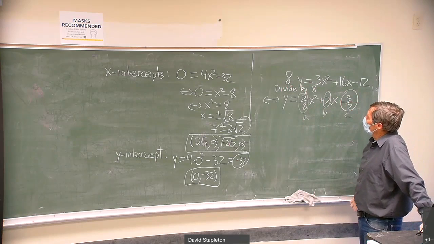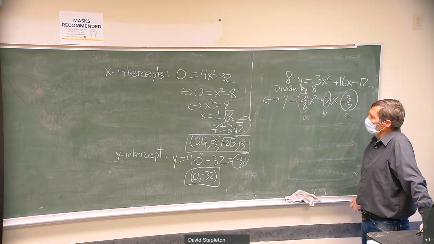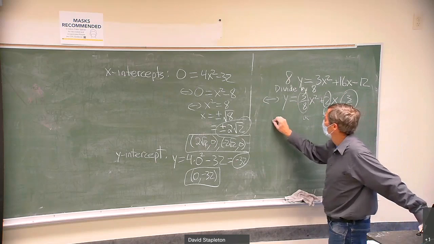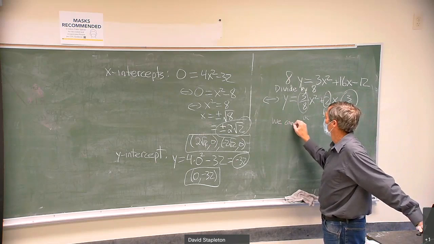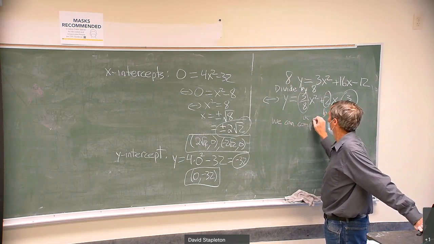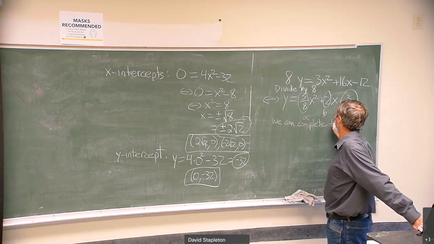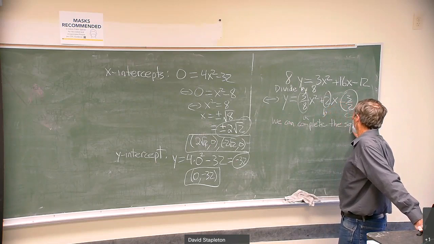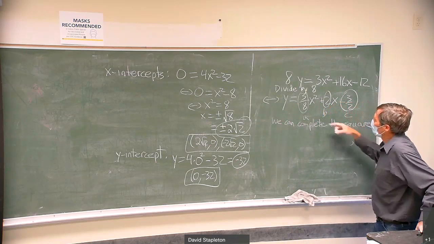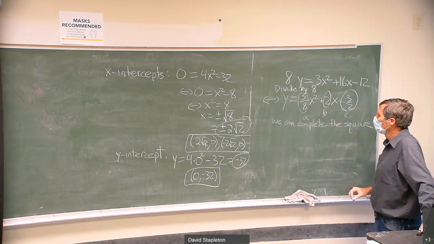I'm going to tell you an easier way to find the vertex. You can complete the square like we did before. It's certainly easy to do that, but when you've got 3/8 in there, it's kind of a mess.